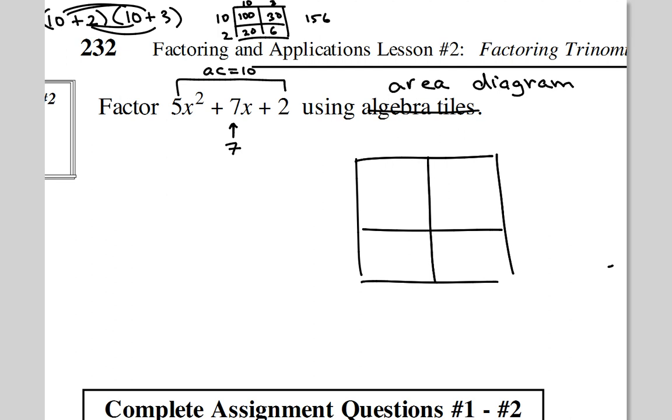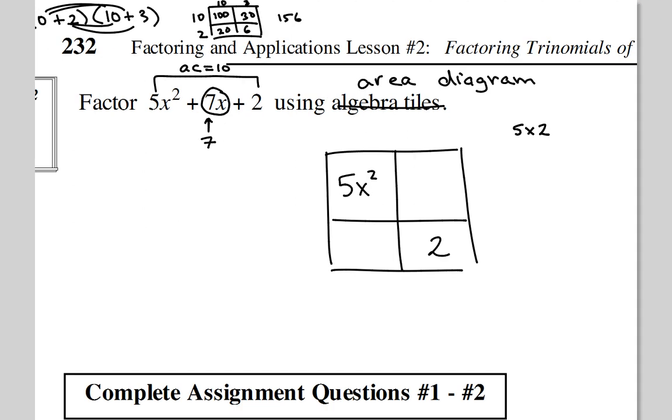This would be the same organization as the algebra tiles. So 5x squared and a 2. And then we have to split this 7x up into those magic numbers. What were those magic numbers again? 5 times 2 is 10, and 5 plus 2 is 7. So the numbers are 5 and 2, right? We'll split them up like this, 5x and 2x.